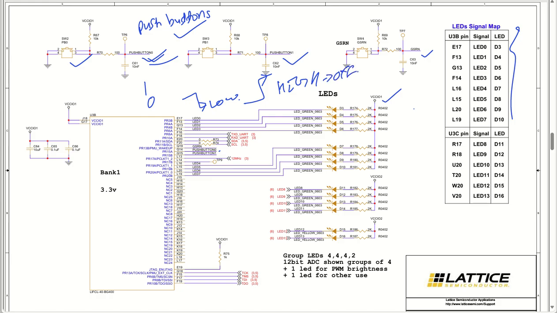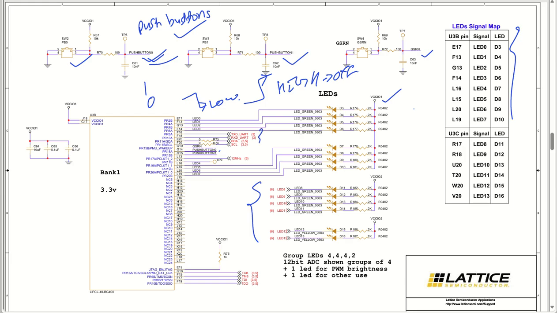So my FPGA GPIO lines are going to control the LED on and off. Similar to that, we saw LED 8, 9, 10 on the previous page, and this is how these LEDs are connected here. We have several LEDs, around 4, 4, 8, and 4, 12, a total of 14.